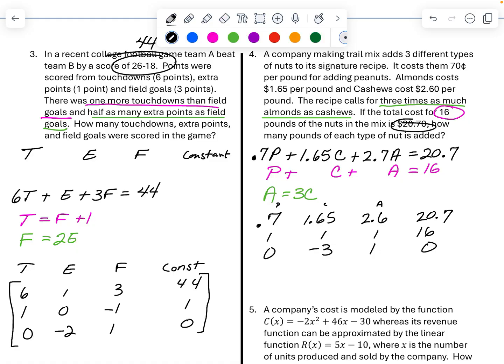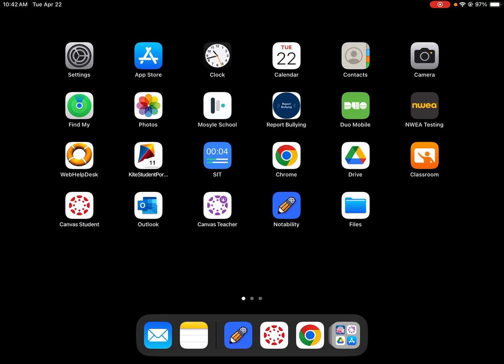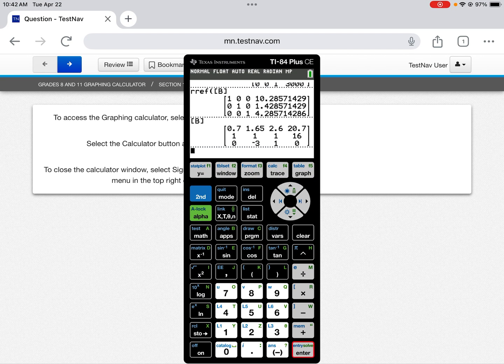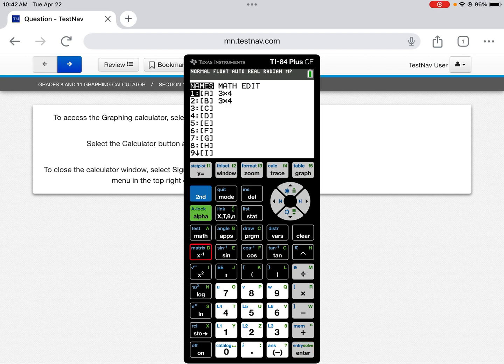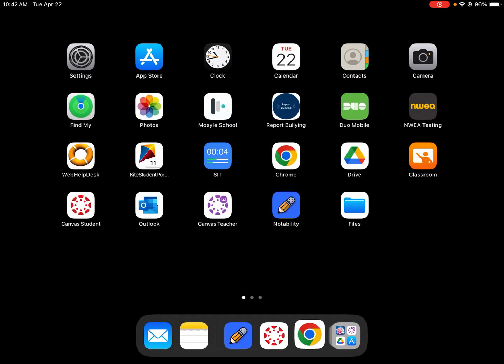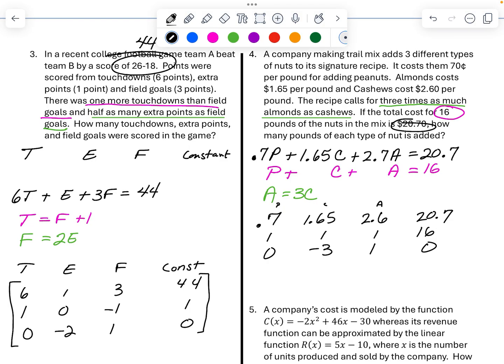Okay, so if we go back here, and go second matrix, and go to edit, and ask for number 2, and then go down here. I had 260. Wait, what do we have? I had 260. I wrote it wrong up there.